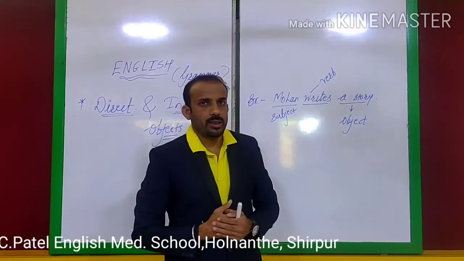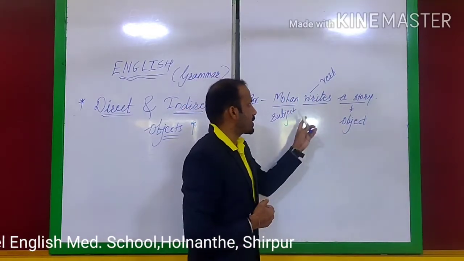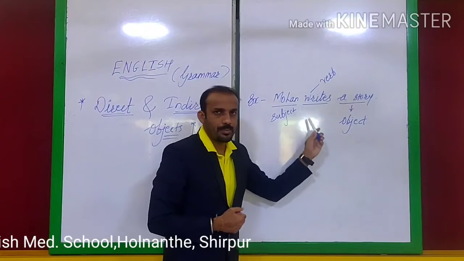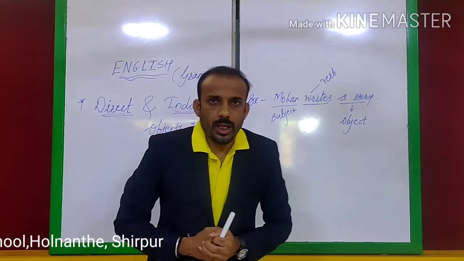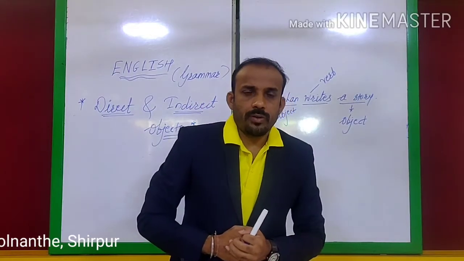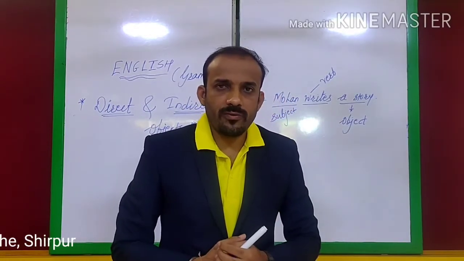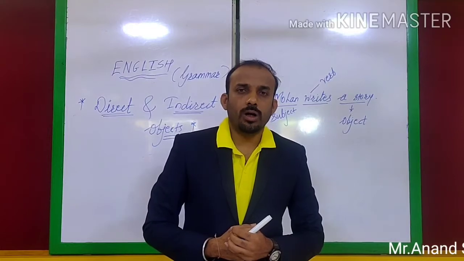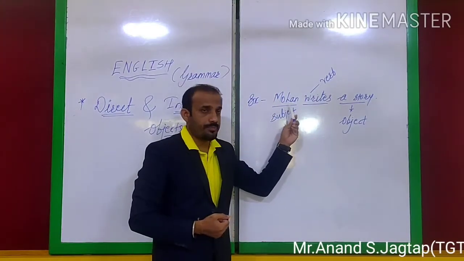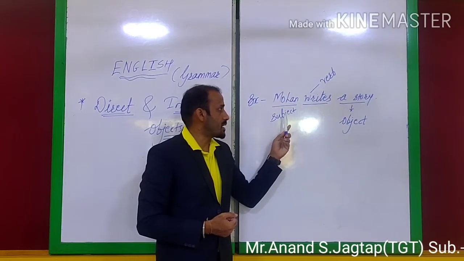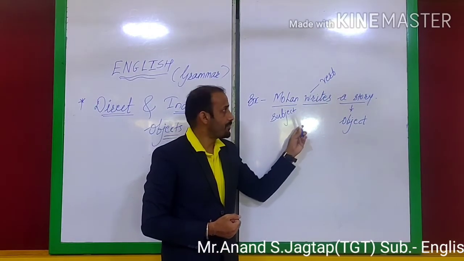So we can know about subject, verb and object. See the example, Mohan writes a story. In this example, we should be able to identify the subject, verb and object. Here Mohan is the doer of the sentence, so it is the subject.